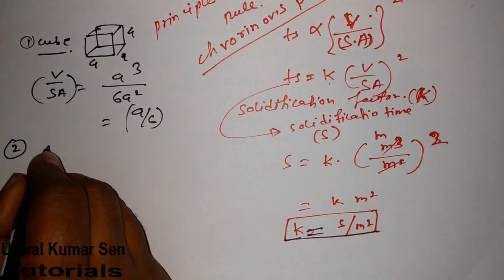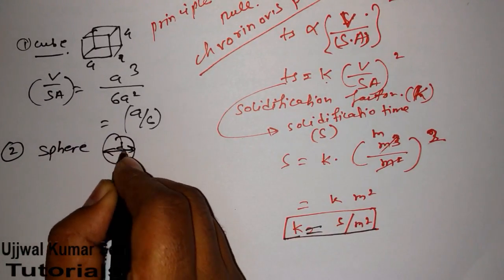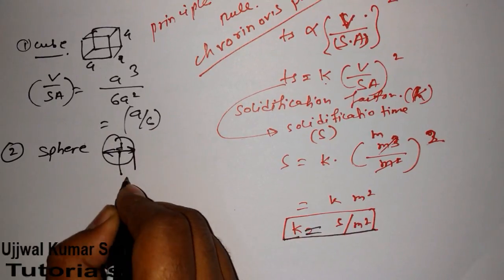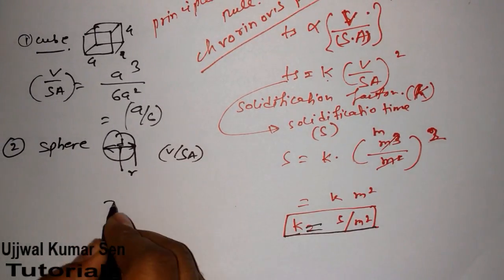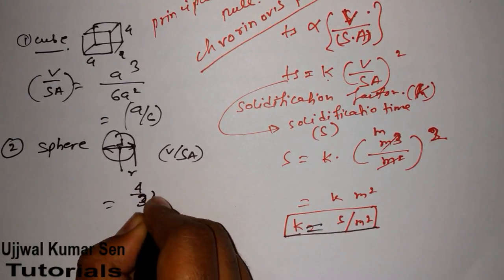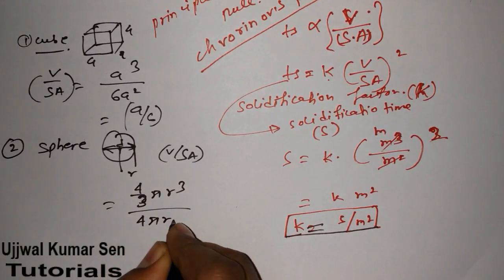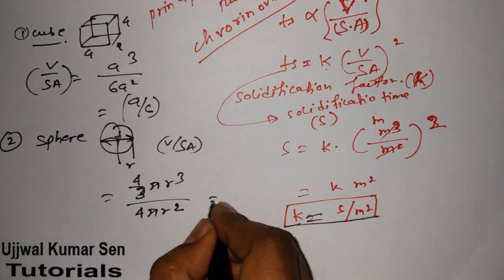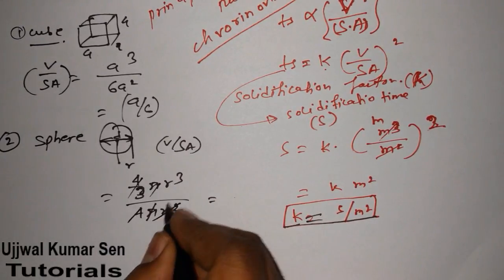Now let's go for a sphere. Suppose that this is a sphere and this is the diameter and its half part is known as the radius. So volume by surface area. The volume of the sphere is 4 by 3 pi r cube. Its surface area is 4 pi r square. And after calculation, pi gets cancelled, 4 gets cancelled, r.